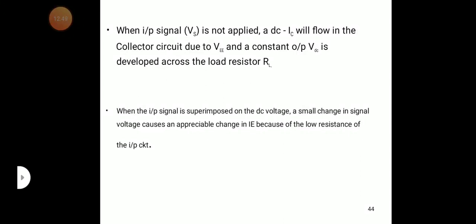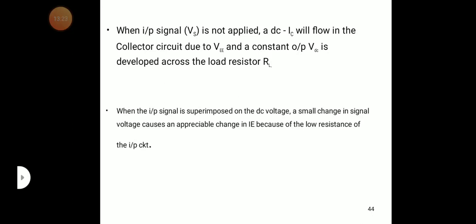When the input signal is superimposed on the DC voltage, a small change in signal voltage causes an appreciable change in IE because of the low resistance of the input circuit. The meaning is that a small input signal change gives a large, appreciable change in the output, which is called strengthening the signal.